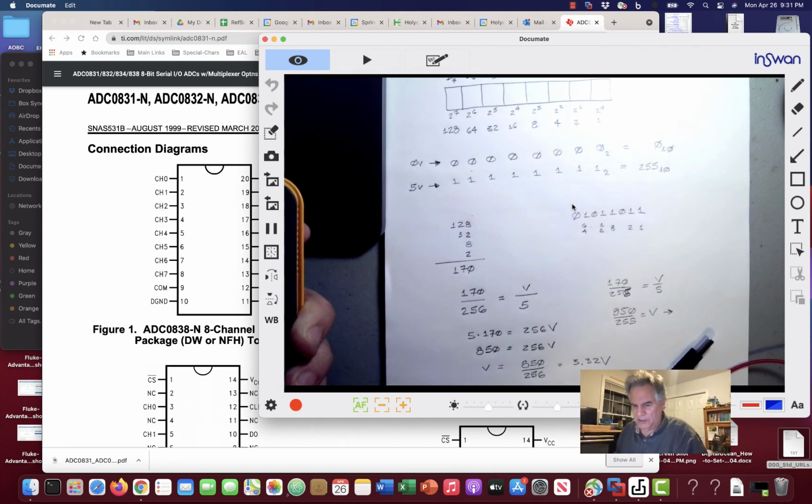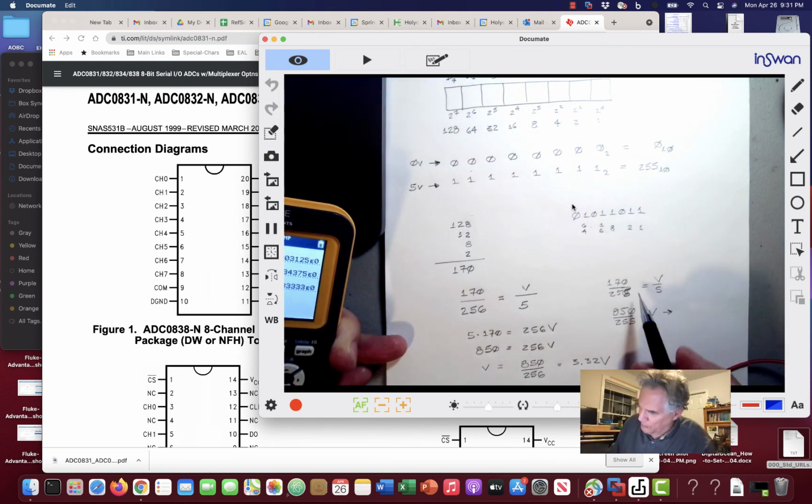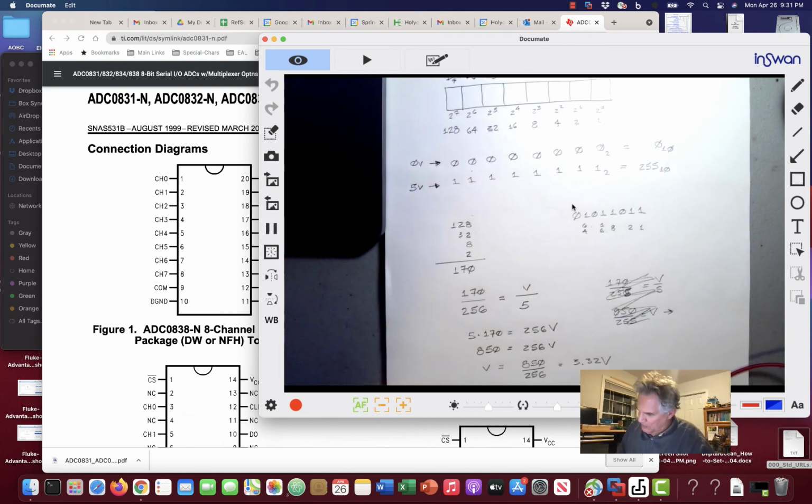That would have given me an even higher voltage. It was a 3.33 instead of 3.32. So that's not going to help us. It's going to make this voltage even higher. So that's as close as we get, though.